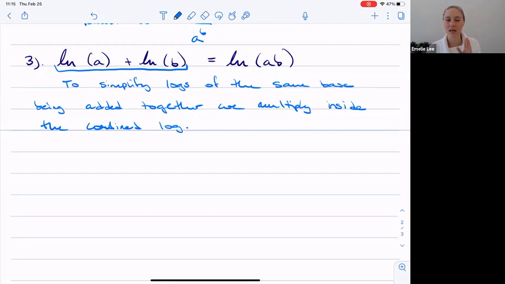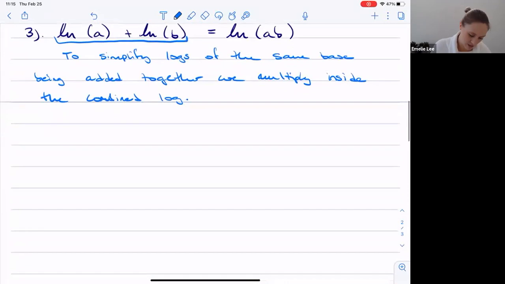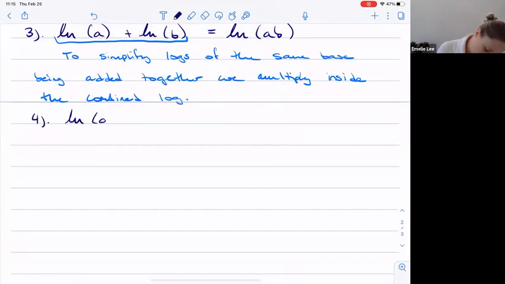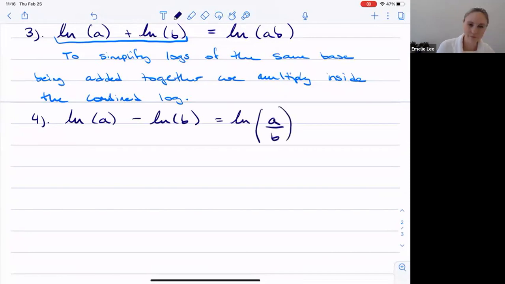It becomes division inside. So let's just write it out and see what happens. The fourth law is that if you have the log of a minus the log of b, it actually becomes the log of a over b.